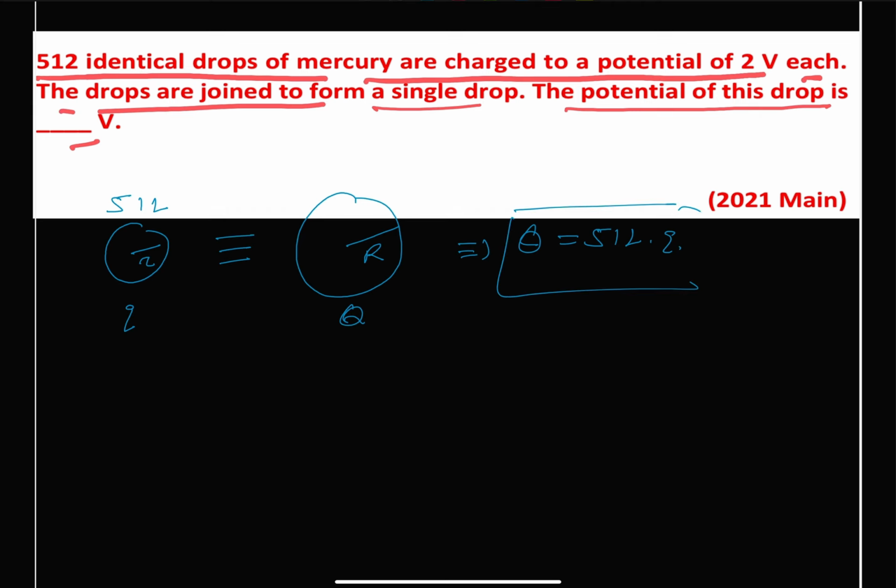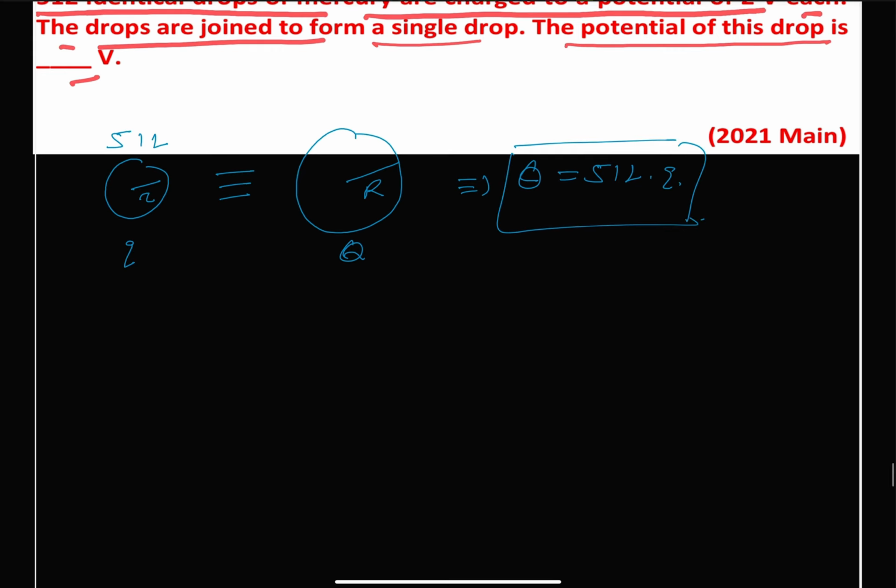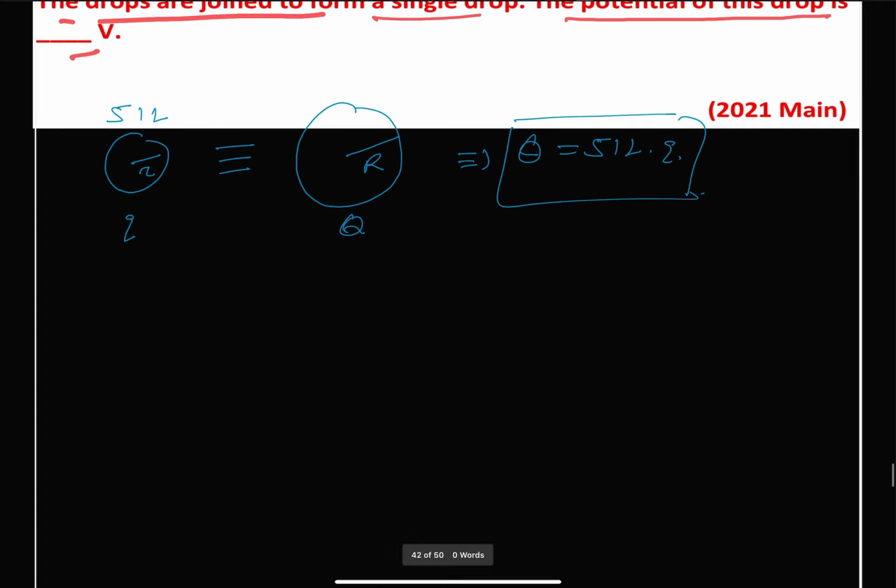And we can also find out the relationship. We can say that 512 multiplied by the volume of the small drop is equal to the volume of the capital drop, 4/3 pi R cube. Here 4/3 pi and pi cancel out.